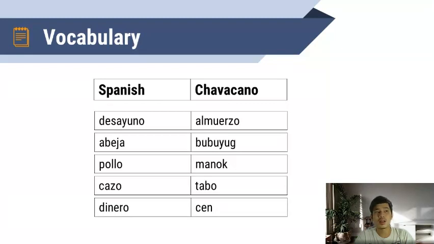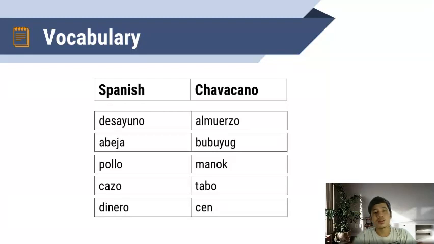Although there are older generations who still use pollo to refer to chicken, most of the Chavacano speakers use the term manok instead of pollo. In fact, if you would ask average Chavacano speakers, many do not know what pollo means.